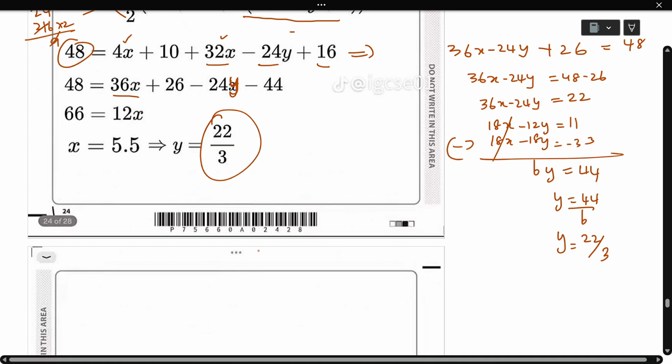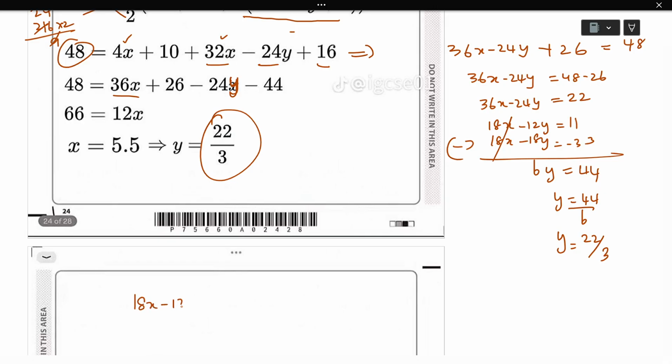So I'll take the first equation, 18x minus 12y equal to 11, with y as 22 by 3.